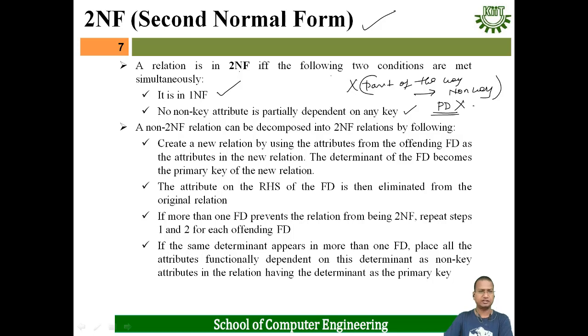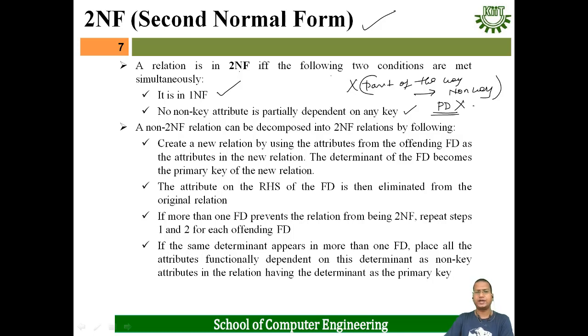These are the various steps. There are 4 steps to decompose a non-2NF relation into 2NF relations. Suppose a non-2NF relation is there, then how to convert that into 2NF? These are the 4 steps we have to follow. First, create a new relation by using the attributes from the offending functional dependency as the attributes in the new relation.